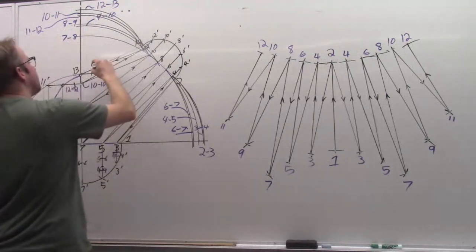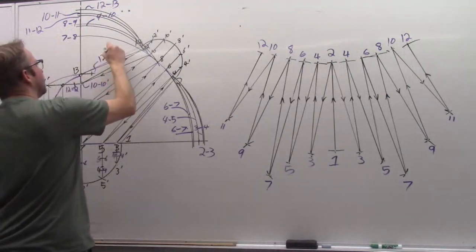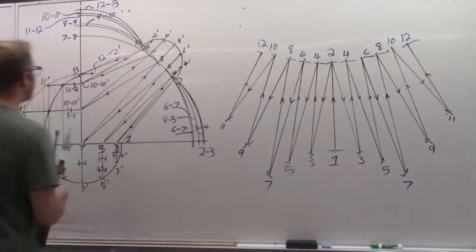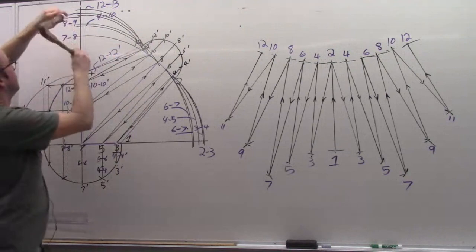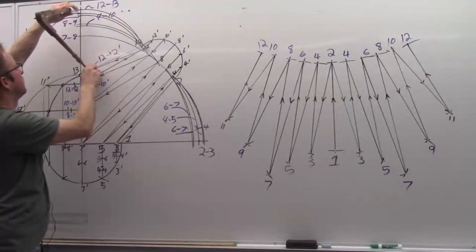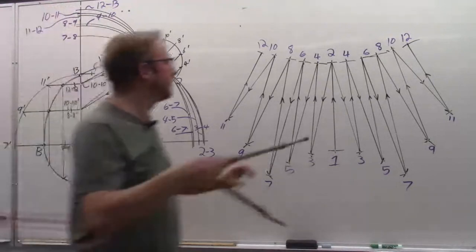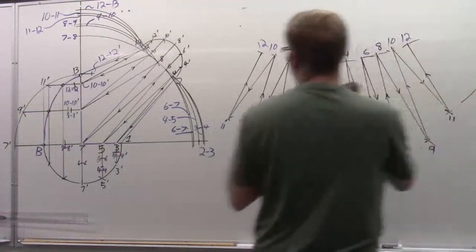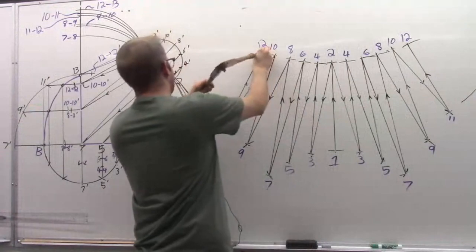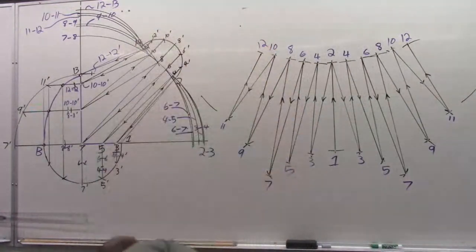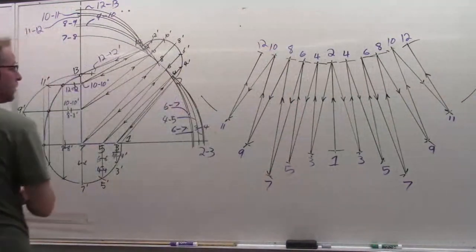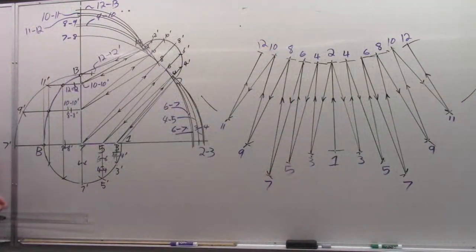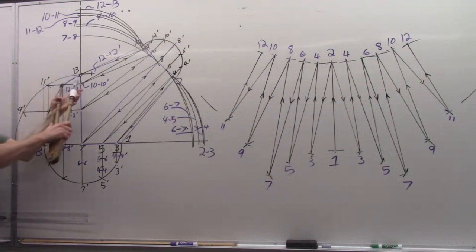So that there is 12 to 12 prime. For my step off, I'm using 11 prime to 30 right here. That's my step off for my next point.